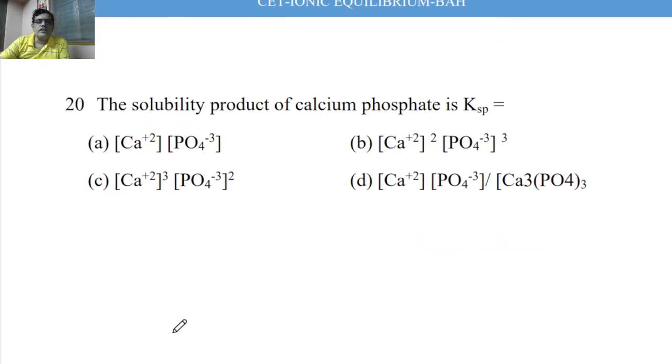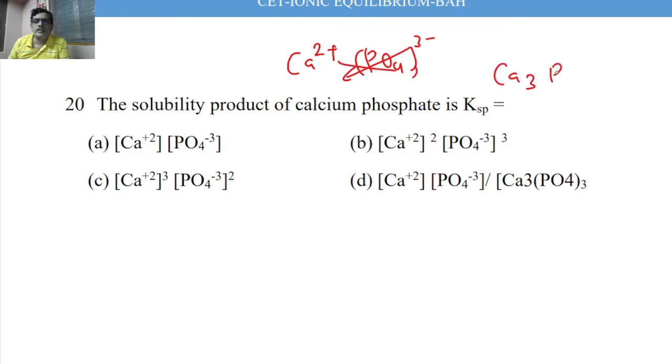The solubility product of calcium phosphate is given as... So you can answer this question if you know the formula of calcium phosphate. Calcium is 2+, phosphate is PO4 3-. So interchange the numbers, then you are going to get the calcium phosphate formula Ca3(PO4)2.